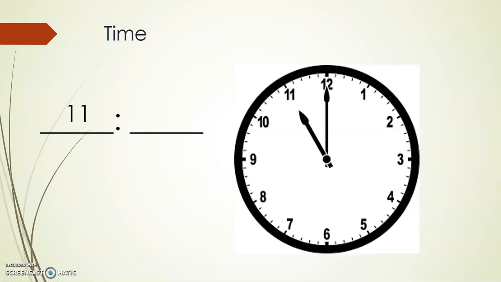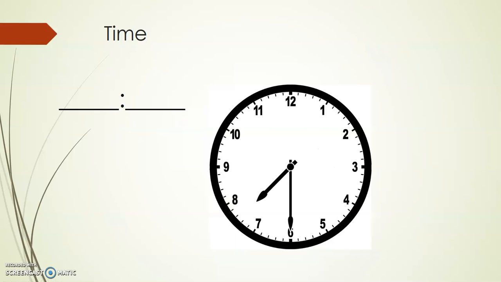So when we write o'clock, do we write 12 or do we write a 00? We write a 00. So what time does this clock say? It says 11 o'clock. Does this say 11 o'clock right here off to the side? 11:00. Yes, it does. That is 11 o'clock.